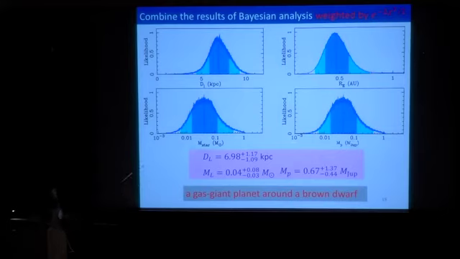We combine the results of the Bayesian analysis weighted by their delta chi-square. And then we can conclude that this lens system is likely to be a gas giant planet around a brown dwarf in the galactic bulge.